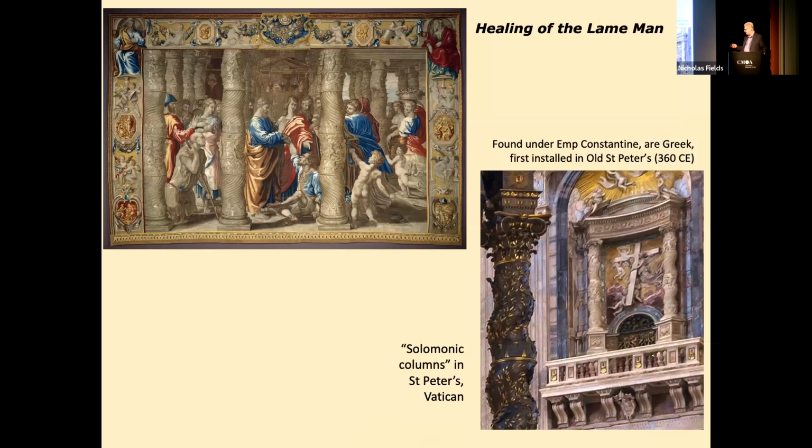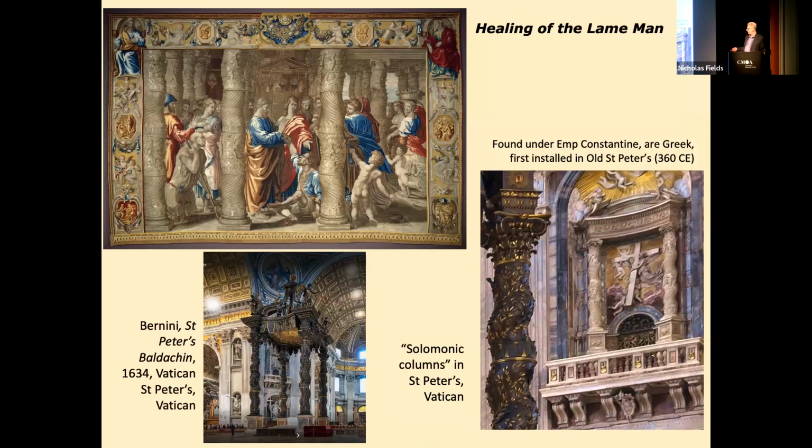And it turns out that nothing could be further from the truth in terms of these twisted columns being from the Temple of Jerusalem. The wrong date, the wrong country. They're Greek. They didn't come from Jerusalem, but nevertheless, they're part of the lore of St. Peter's. They're called the Solomonic columns, the Temple of Solomon in Jerusalem.